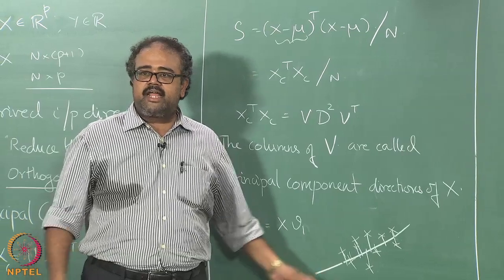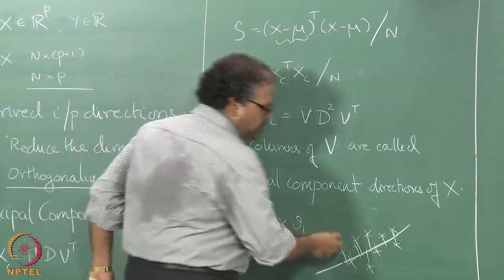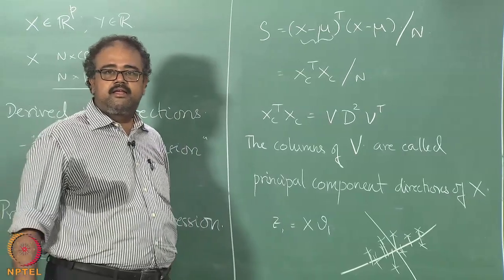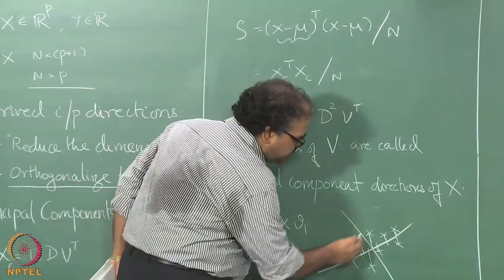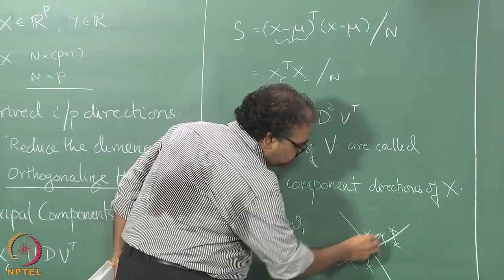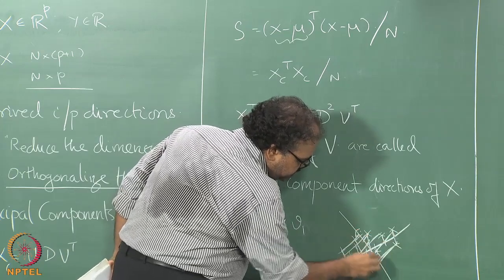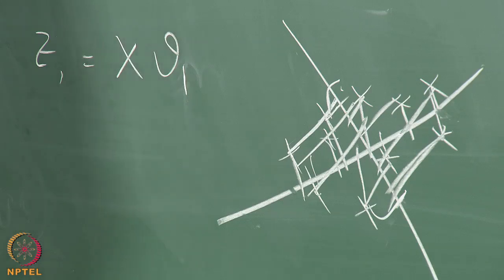On the other hand, if I had taken a direction that looks like that, and I look at the projection of the data, you can look at the spread, it is a lot lesser in that direction than in the original direction I did the projection.